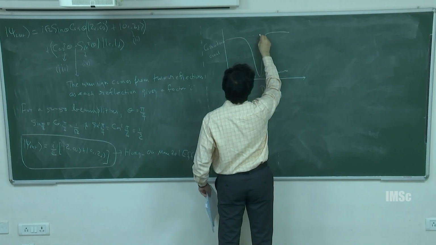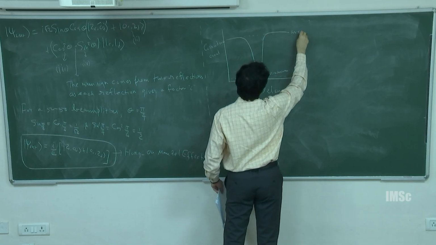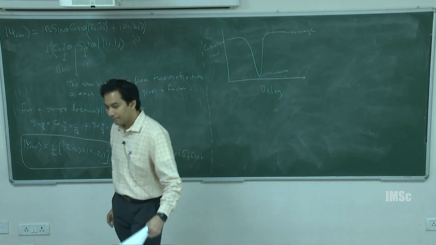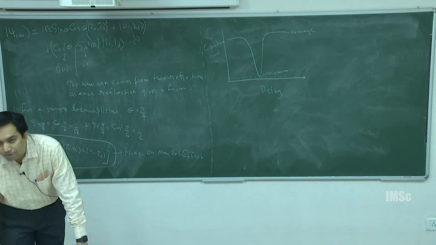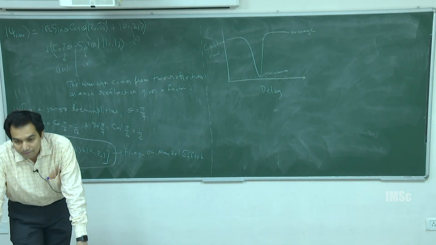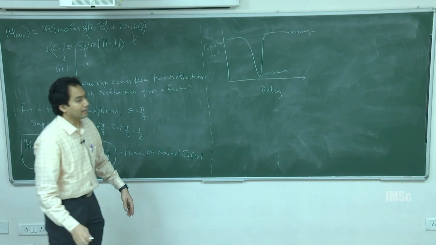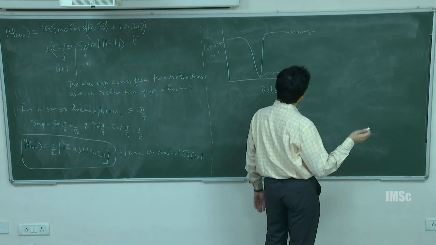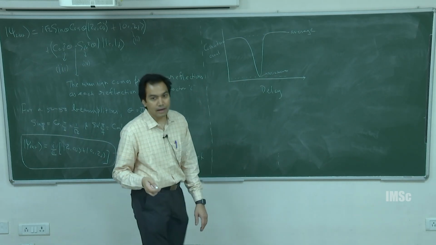So in the ideal case, theoretically speaking, there should not be any coincidence count, but in the lab there will always be some coincidence counts. The detector will, so those are probably the dark counts.